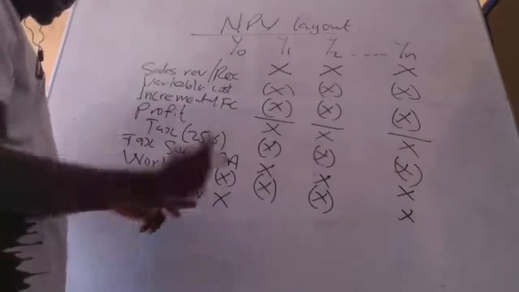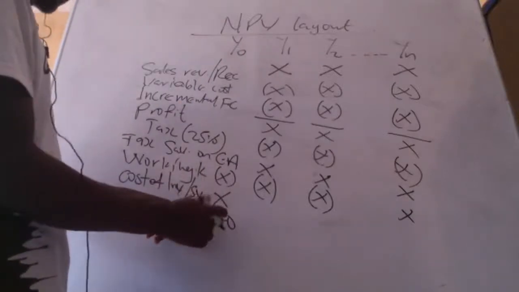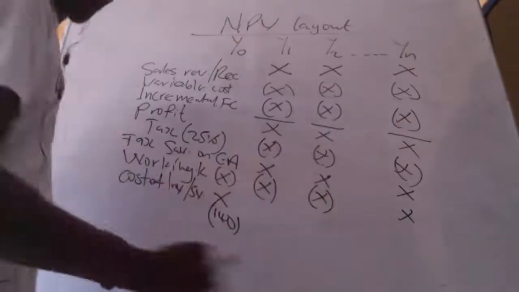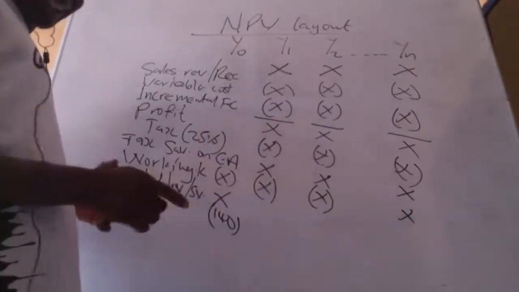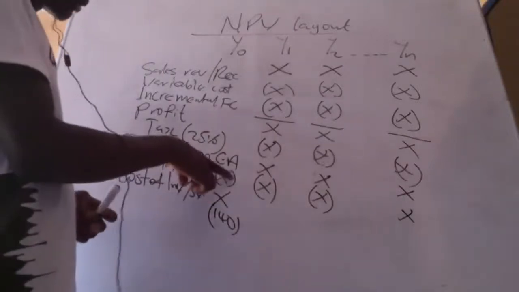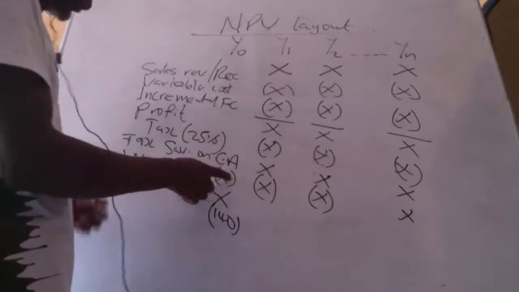In the previous example, here will be 140, because that's the initial cost of investment. Put it in brackets. Why? Because it is an outflow, we are paying. All payments should be in brackets. All receipts, positive. The working capital will be 20 from the question. And you put it there.